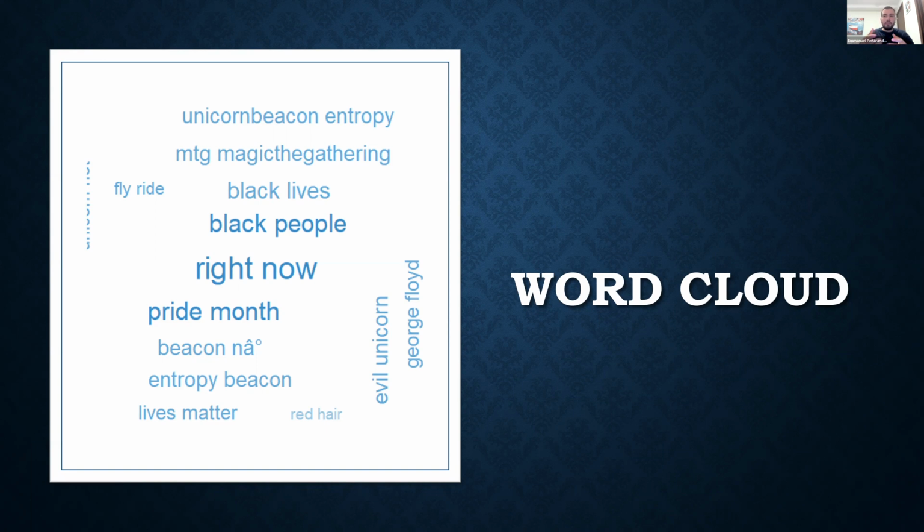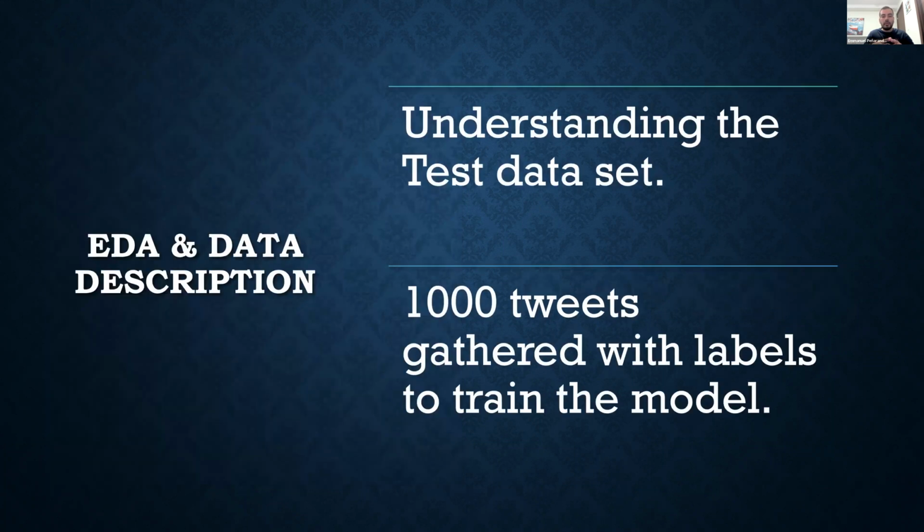For people that don't know, that's a card game. We also see some others like Black Lives, Black People, George Floyd, Pride Month, Right Now, Lives Matter, Fly Right, and so that's what we get from here. Interestingly enough, we don't see anything related to COVID in this word cloud. We're going to see in the other one what we find after we do the same with the test set.